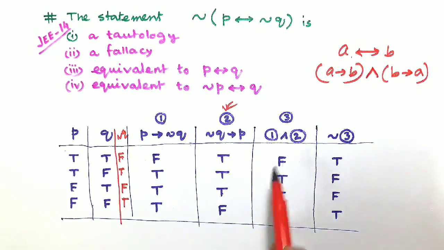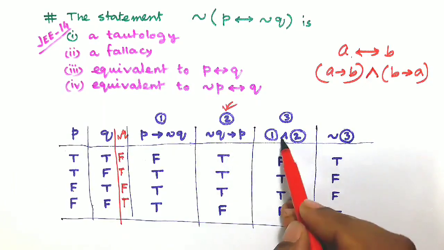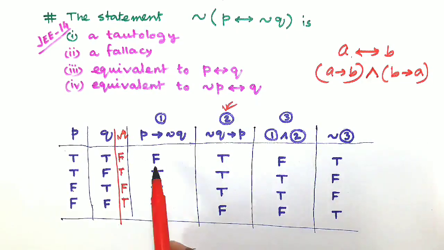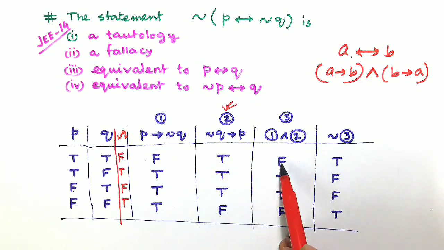And between 1 and 2 we apply the conjunction AND. So F and T is F, we know this.